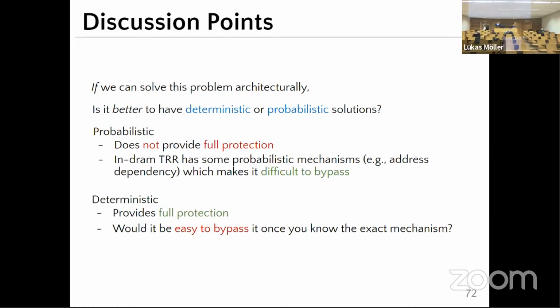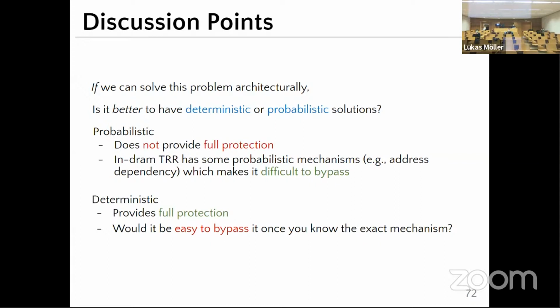Yeah, I don't really see a problem with the probabilistic solutions as long as the probability that something goes wrong is low enough, right? And what low enough means might be dependent on the context. For server applications, for security applications, it might be something different than for your usual home computer. And when you have enough protection that it isn't viable anymore to use that attack, it might be enough to have that kind of protection.